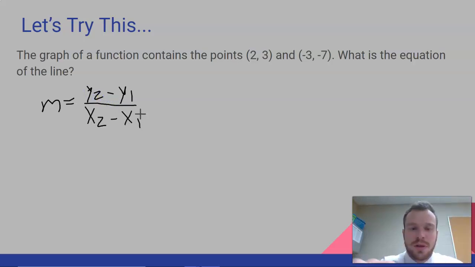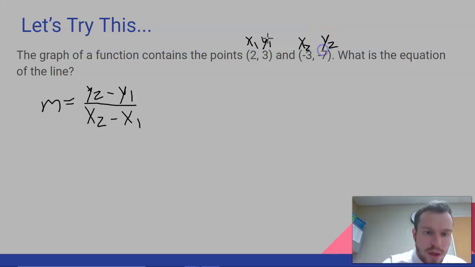Well, now I just want to substitute into this formula. But what I need to do first is do a little bit of labeling. This will help me a lot. If I say 2 is x1, that means 3 is y1. Therefore, -3 is x2, and -7 is y2. I'm just going to substitute into this formula to find the slope.